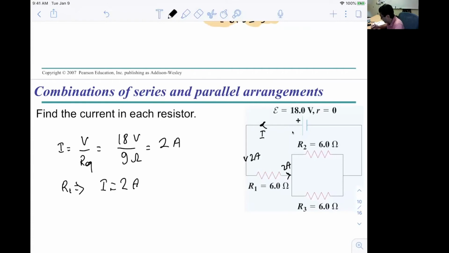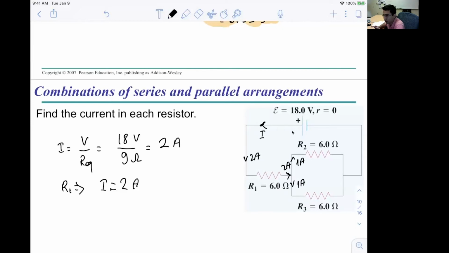This is straightforward, because the potential will be the same on them, and R2 and R3 are both 6 ohms. So they will split their current equally: 1 amp is going to go to R2 and 1 amp is going to go to R3.